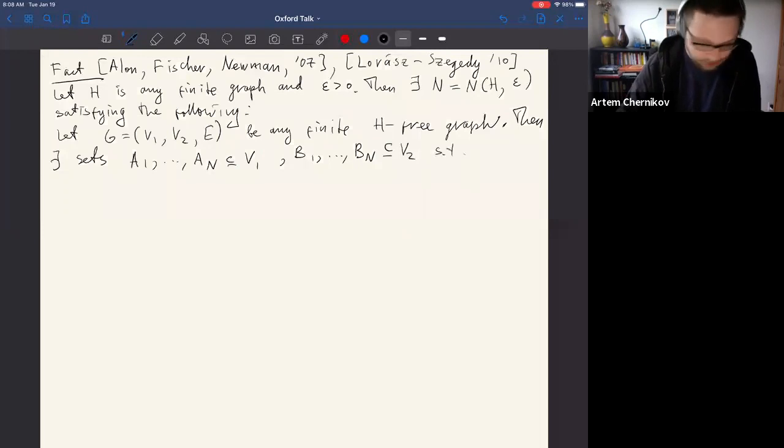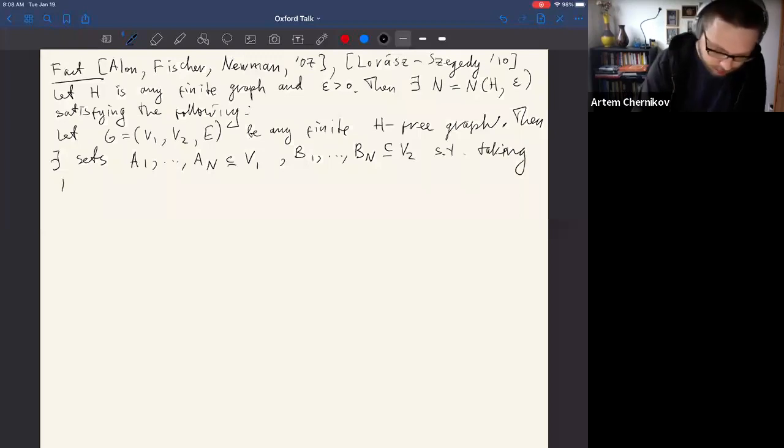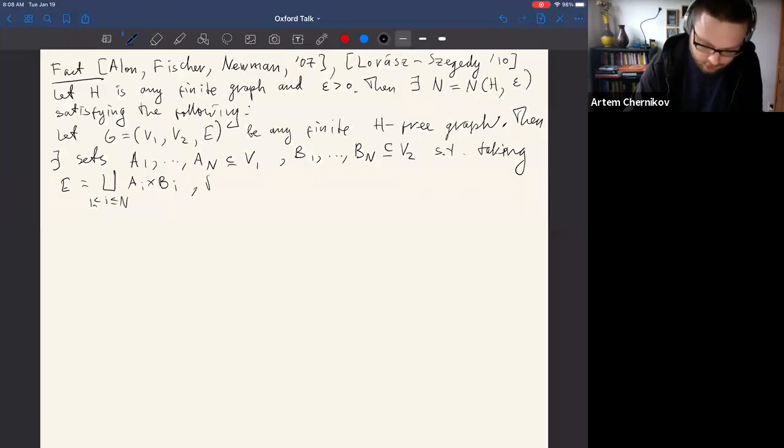such that if we consider the relation E prime, which we take to be the union of the products of the corresponding sets in these two sequences, so the union of the products of boxes Ai times Bi for all i between 1 and n, then the symmetric difference between the original relation E and this relation E prime, given by the union of boxes, is very small.